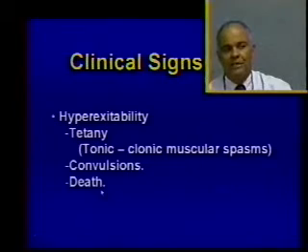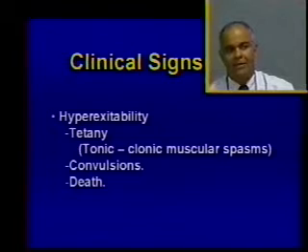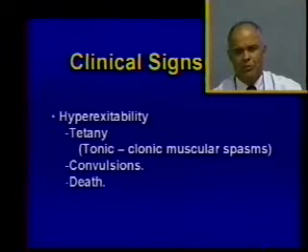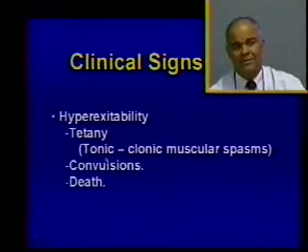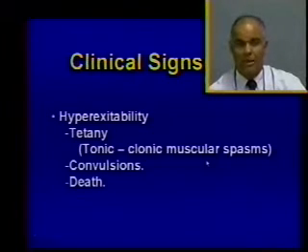If you compare this disease to milk fever, what you see with the milk fever cow, with the hypocalcemia cow, is a recumbent animal with flaccidity in the major muscle groups. With hypomagnesemia, there are tetanic, tonic, clonic muscular spasms, almost similar to eclampsia in small animal medicine.